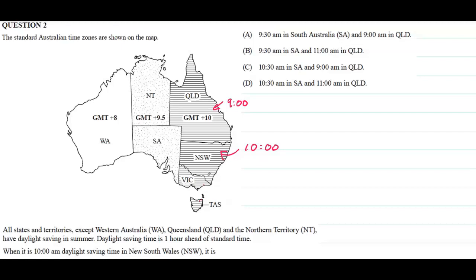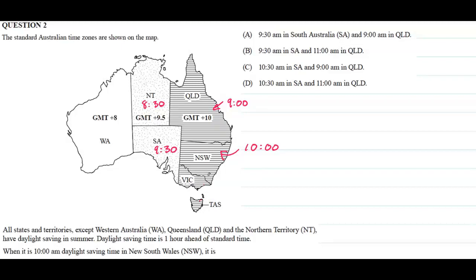South Australia follows New South Wales and has daylight savings and is half an hour behind, so it will be 9:30. The Northern Territory is half an hour behind Queensland and doesn't follow daylight savings time, so it would be 8:30.